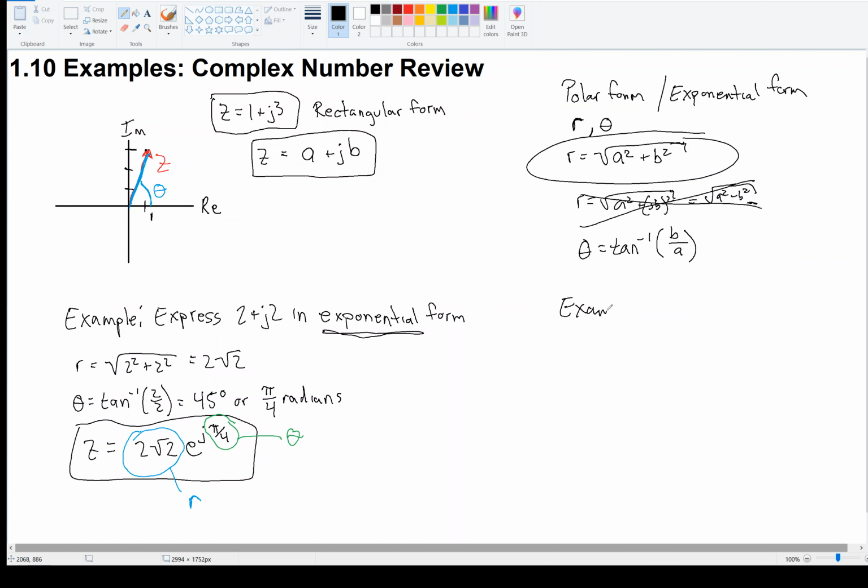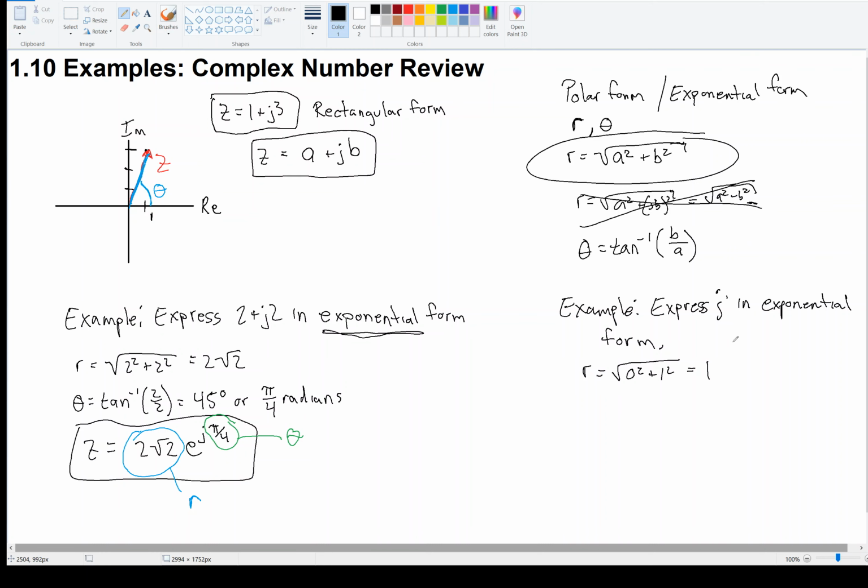Example. Express, how about j in exponential form? Okay, j is pretty simple. It has a 0 real part. Actually, it's purely imaginary. So when I use the Pythagorean Theorem, I would have 0 squared plus 1 squared.